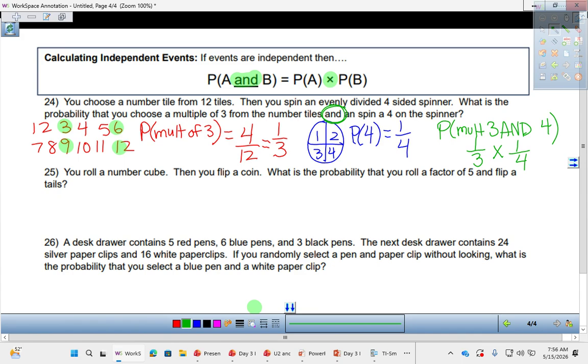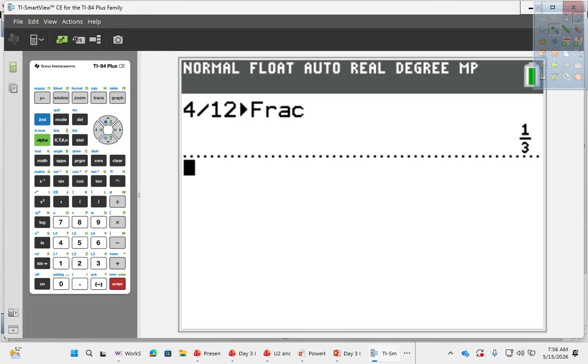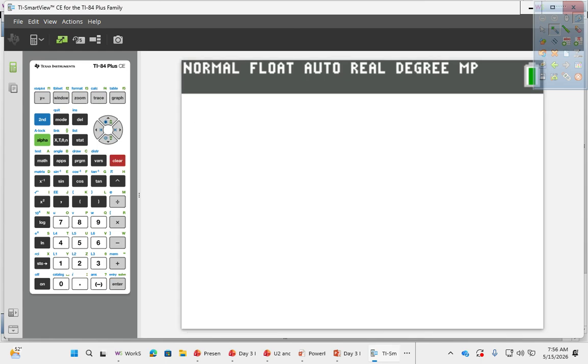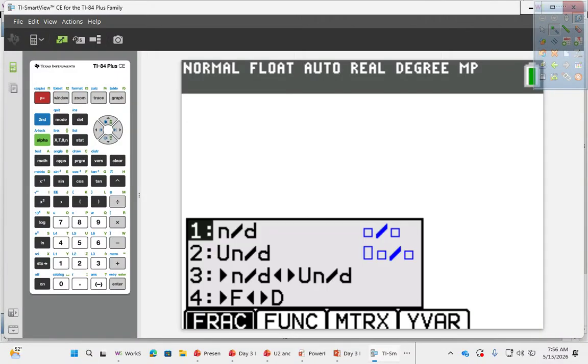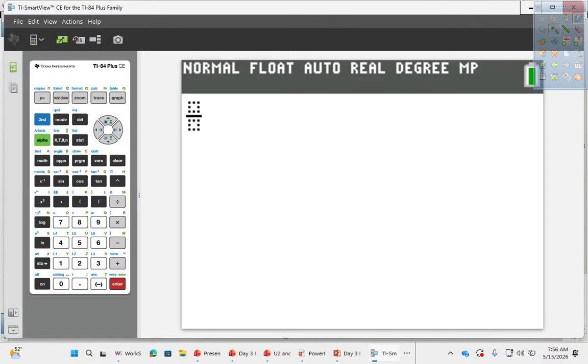I don't need you to know how to do this in your head. You can do this in your calculator. Okay? So you can hit alpha, y equals, and you can get them to look like fractions if that feels better to you, so you can see it in fraction form. Or you can put each fraction in its own set of parentheses. That works too. You just need to tell your calculator which numbers belong to which fraction. Otherwise, it's going to look like one really big fraction. All right?